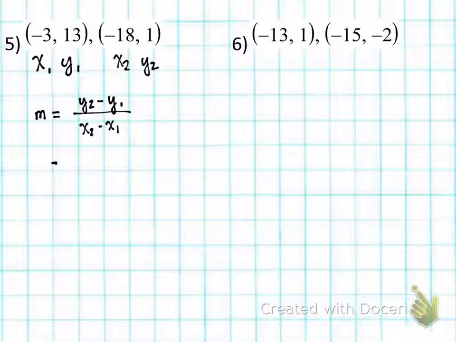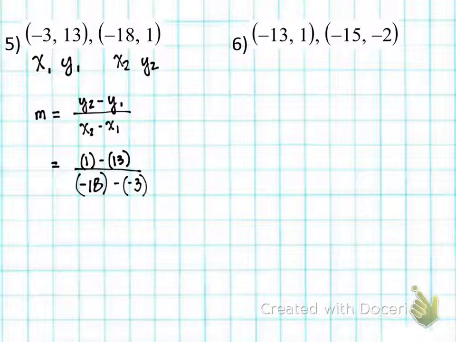What are we supposed to use every time on each number when we substitute? A set of what? Parentheses. They're called parentheses. Let's all say parentheses. So we put in y2 is 1. Y1 is 13. X2 is -18. And x1 is -3.